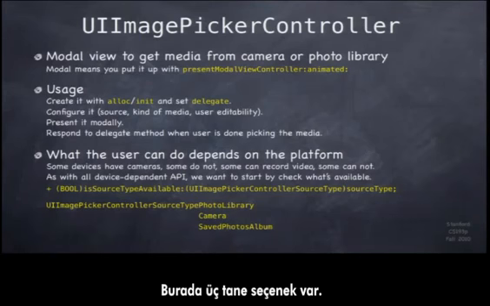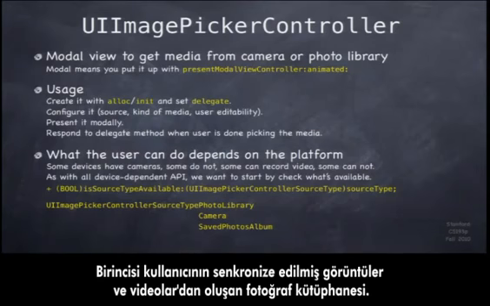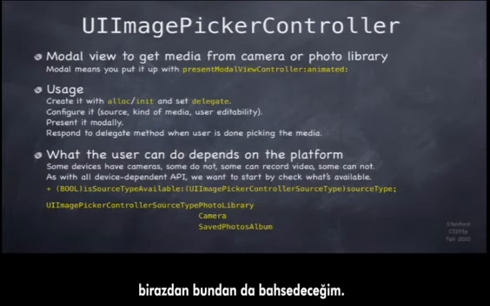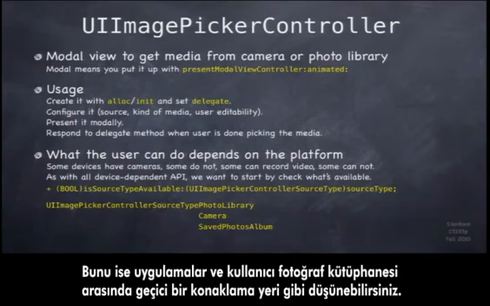So there's three options here. One is the photo library, which is the user's synced library of images and video. The camera, which is obviously the camera, and some devices actually have two cameras, and I'll talk about that in a second. And then there's the saved photo album, which is kind of a halfway house between applications and the user's photo library.